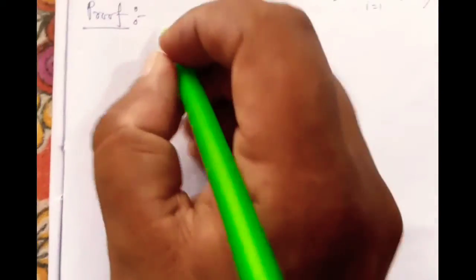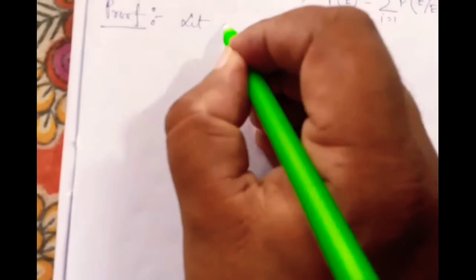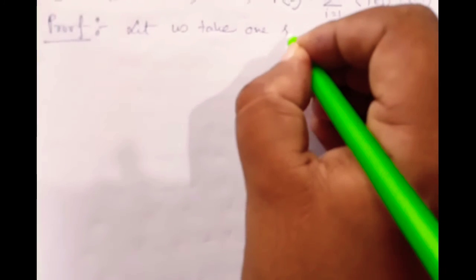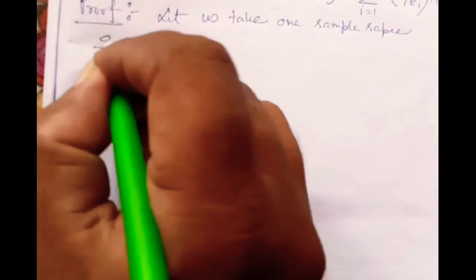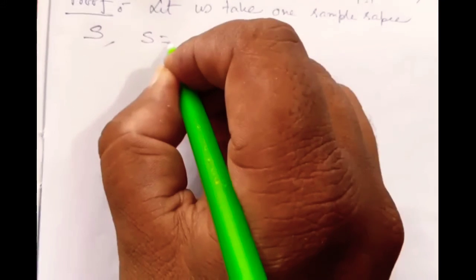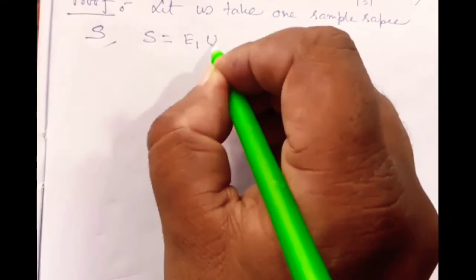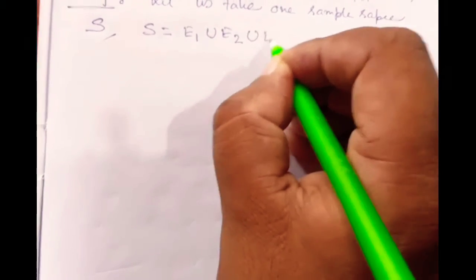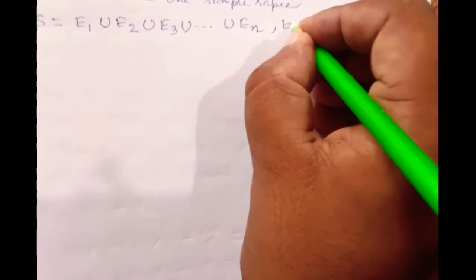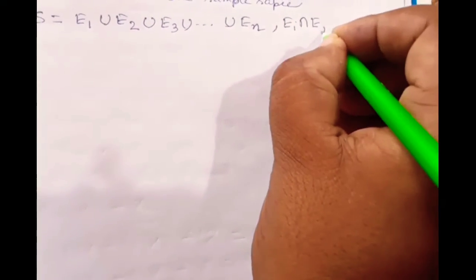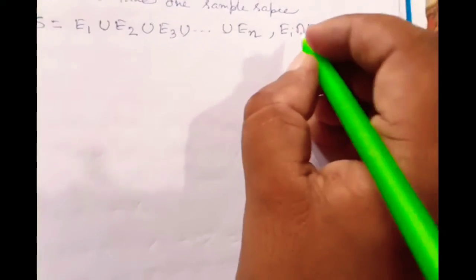So for that, let us take one sample space S, and S equals E1 union E2 union E3 union ... union En, where Ei intersection Ej is equal to phi for i not equal to j.